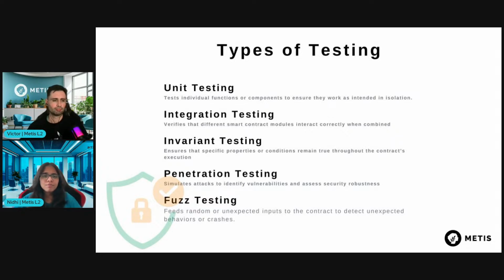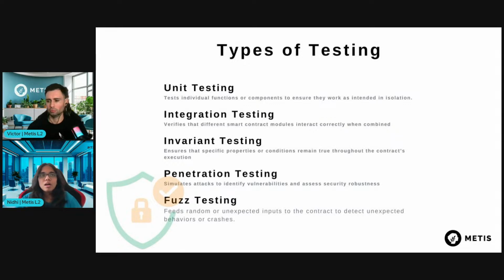And finally, we have fuzz testing. This is where you feed random or unexpected inputs into your contract to see how it behaves. The main goal is to catch edge cases or scenarios that might not be obvious during normal testing, but could still lead to unexpected behaviors or crashes when deployed.